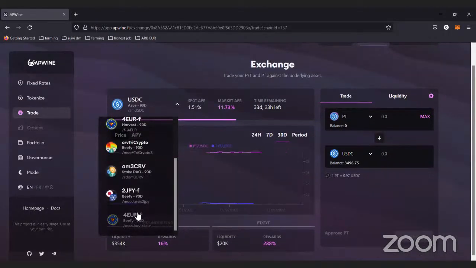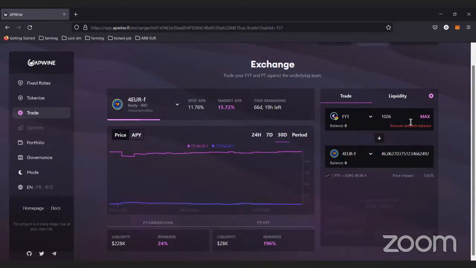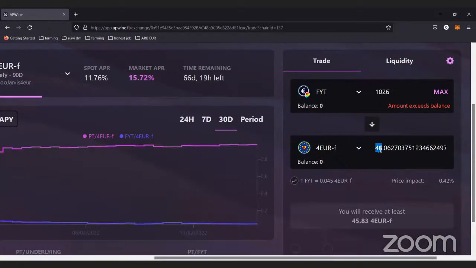So we go here, FYT, €4, and you sell 1,026 FYT. This will give you 46 €4. You just sell, 46 euros.